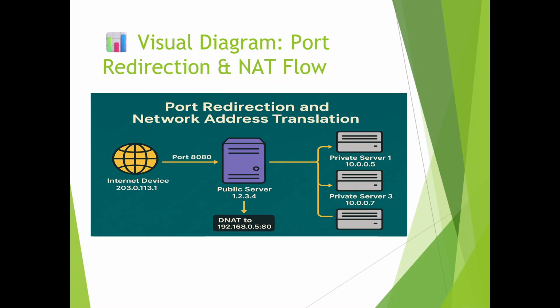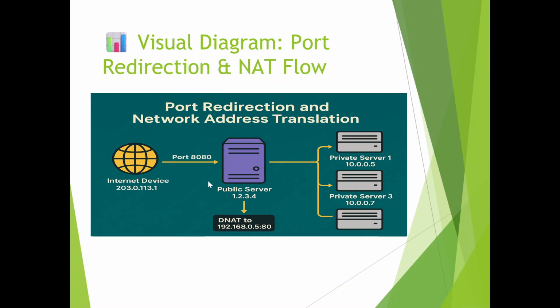So what does the public server do? The public server sees this and forwards the traffic to the private server 10.0.0.5 on port 80. Next, the private server responds, but it does not have internet access because it is a private server. So what does the public server do? It will replace the source IP so that replies go back to the internet user properly. That's how it works.